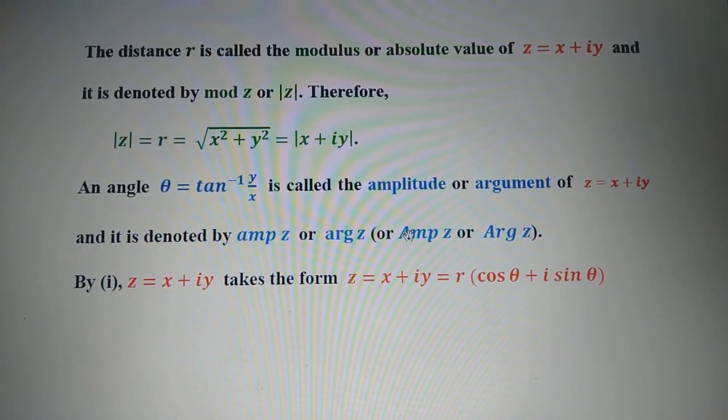Sometimes amp can be started by capital A, and similarly for argument of z you can write capital A in place of small a. In this way you can write amplitude of z or argument of z.